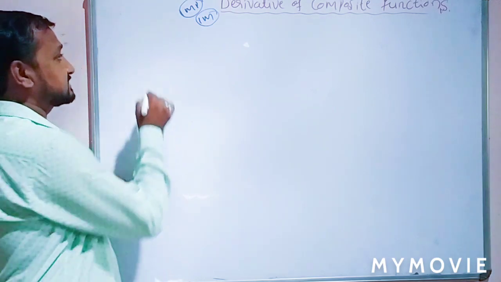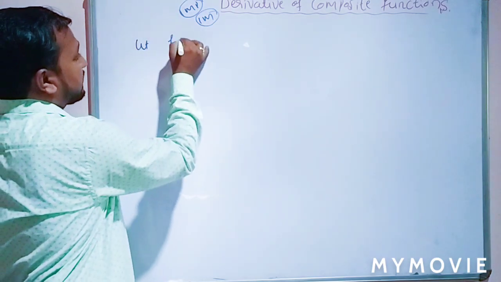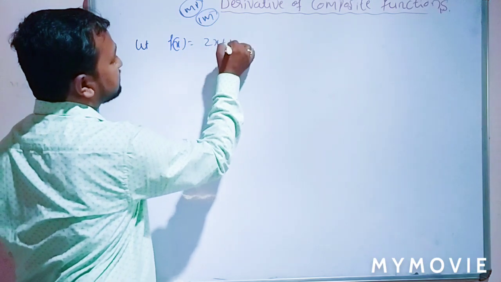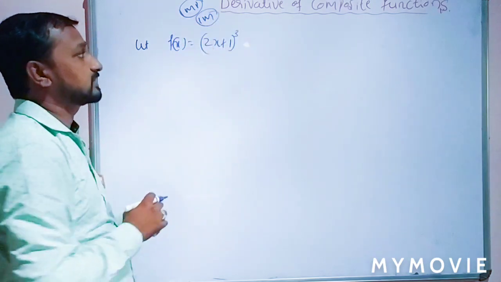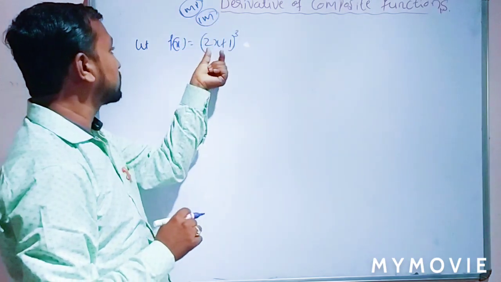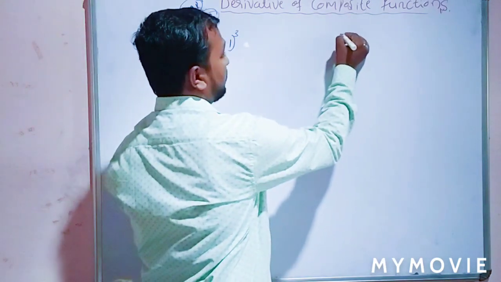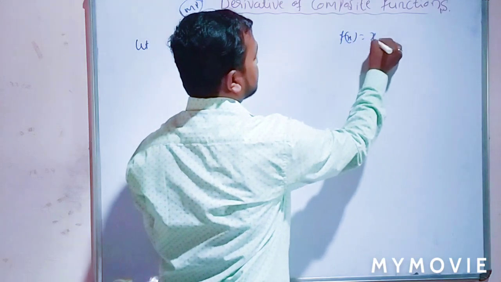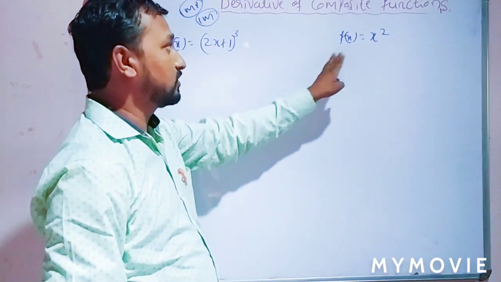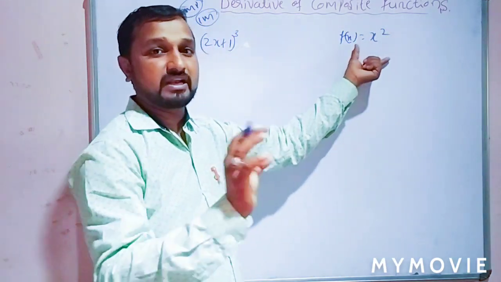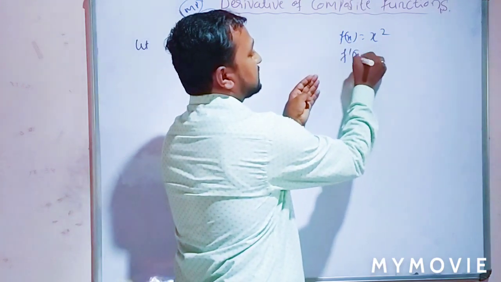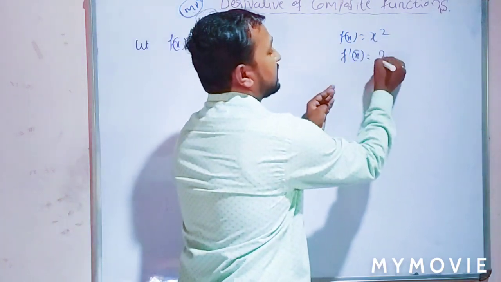Let us take one example. f of x equal to 2x plus 1 whole cube. Let's take one function, f of x equal to 2x plus 1 whole cube. We know that if we take f of x equal to x square, the derivative of this function, f dash of x, is the derivative of x square, which is 2x.